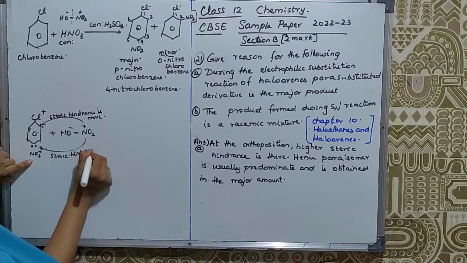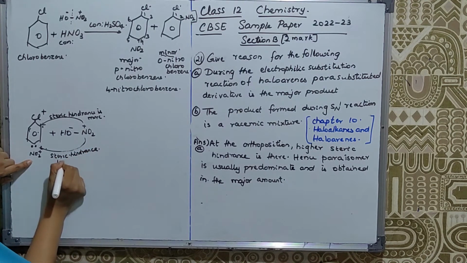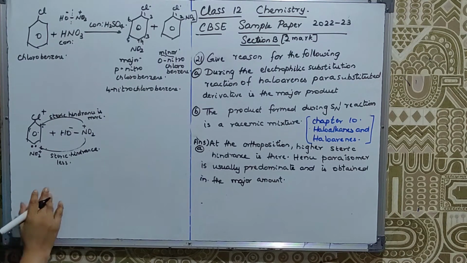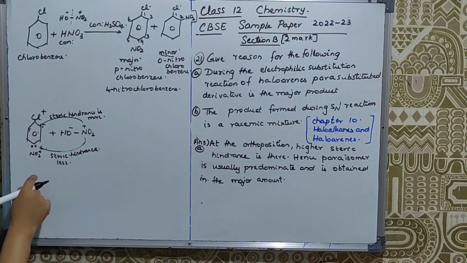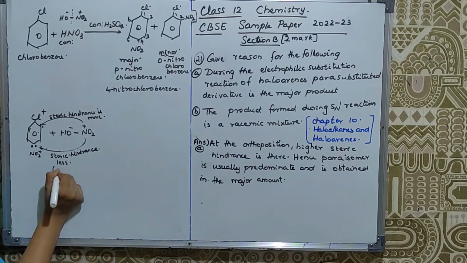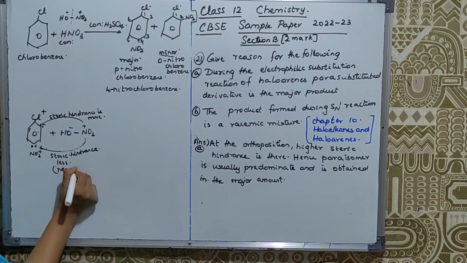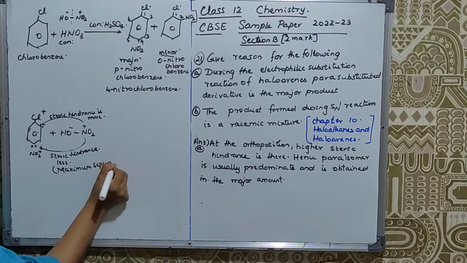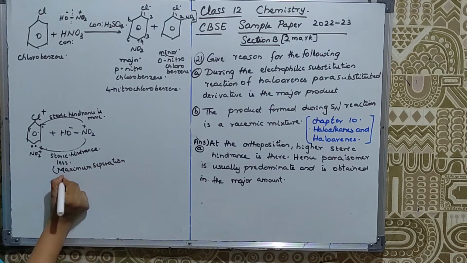Since the steric hindrance is less in the para position, every time the major product will be para-nitrochlorobenzene. You can remember this: maximum separation, minimum repulsion.